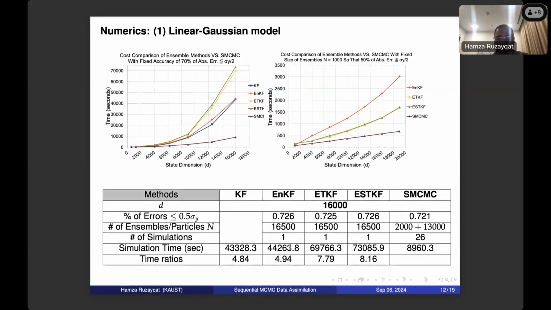As we can see from the table, at dimension 16,000 for this example, ESTKF is 8 times slower than SMCMC, ETKF is almost 7.8 times slower, and EnKF 4.5 times slower.